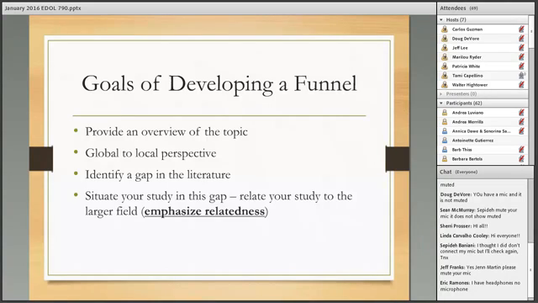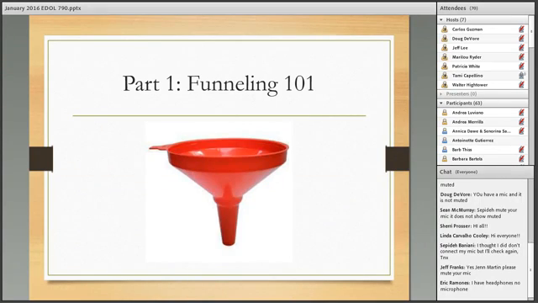So how does your study relate to the larger field, and how does your study relate to the other important works and related topics that are associated with your particular topic. We're also going to walk you through how to create a storyboard to create that line of logic. We're going to call this part one, which is what I'm going to go over this evening, Funneling 101.